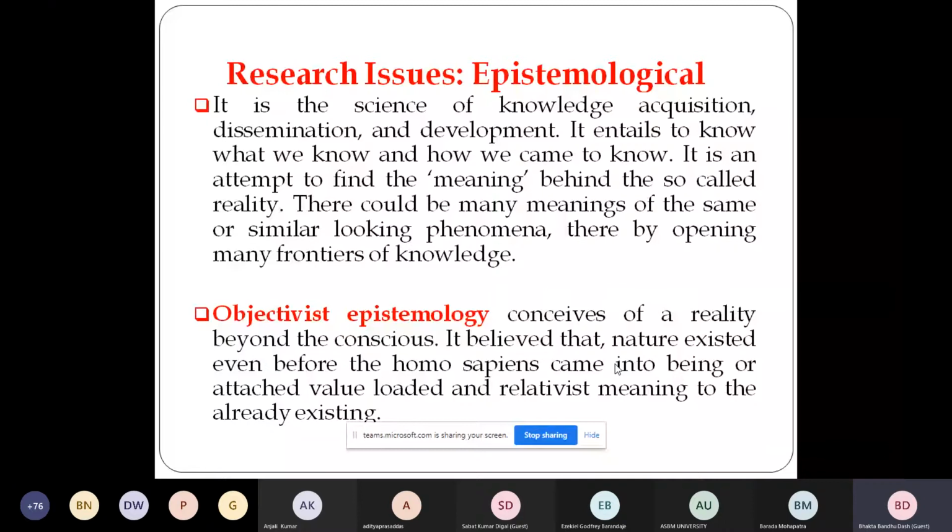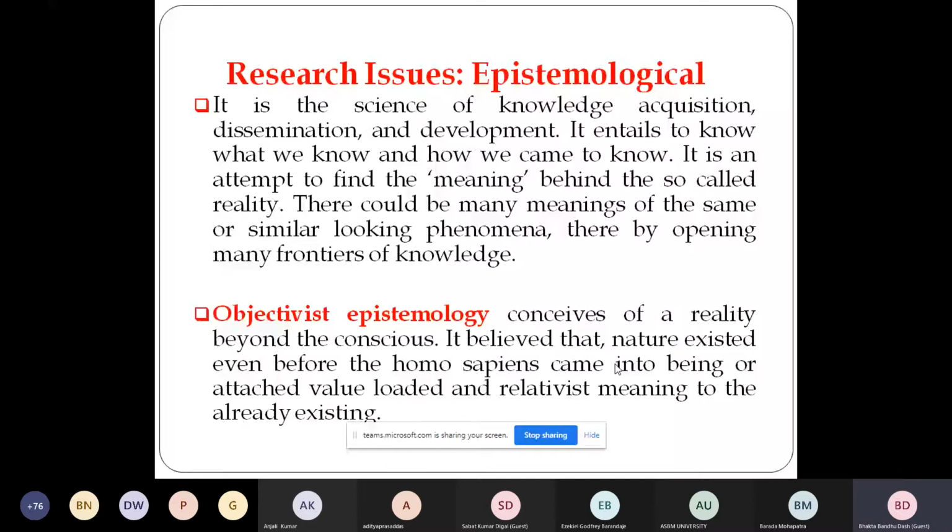So this is called objective epistemology. Before Homo sapiens, nature existed. But still, it needs constant probing. That is the objectivity we need to identify. That is what objective epistemology talks about.